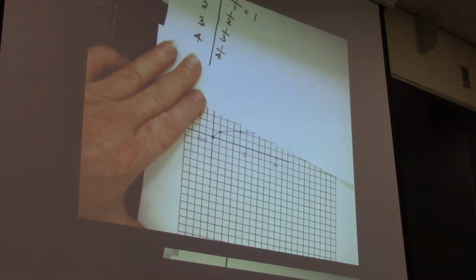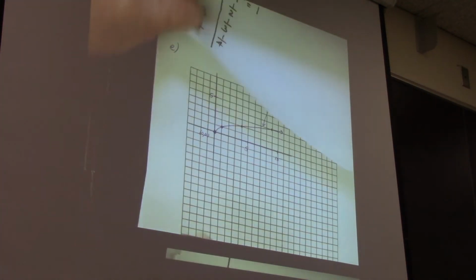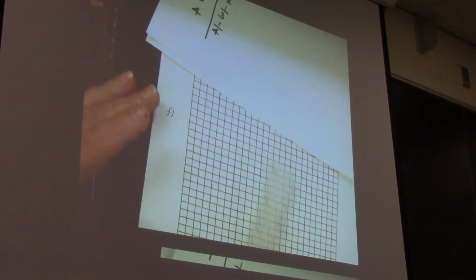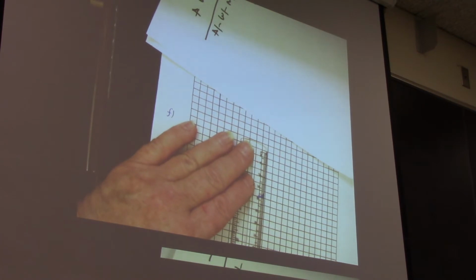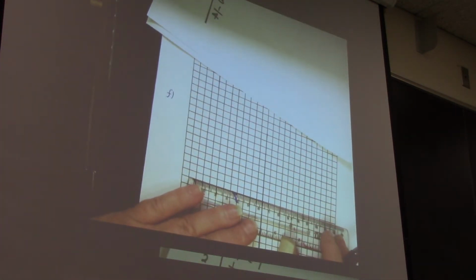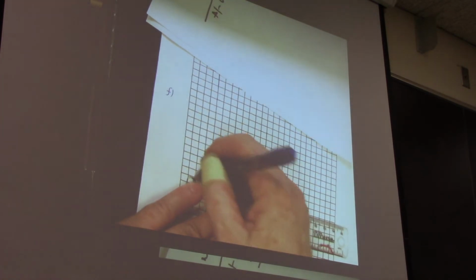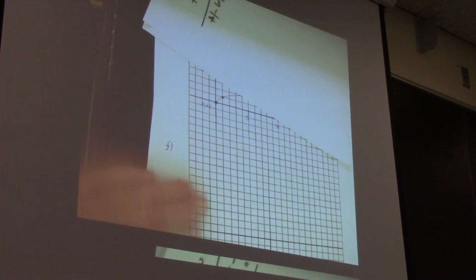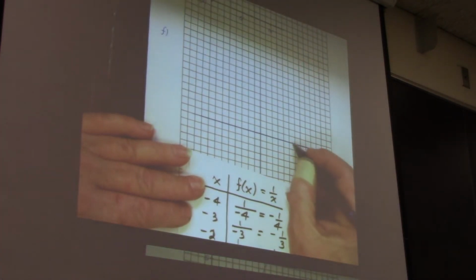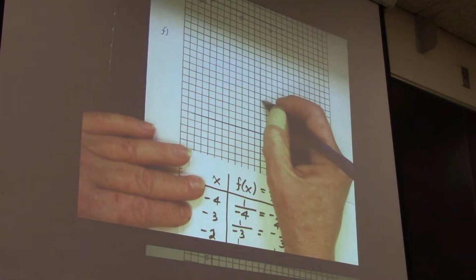I'm going to make this take up the rest of the page. Let me just make it square, 1 unit.